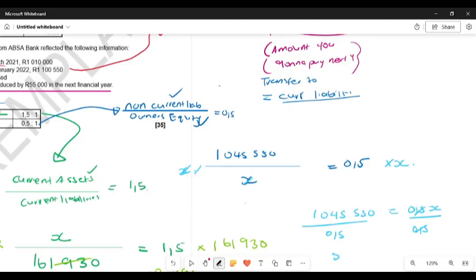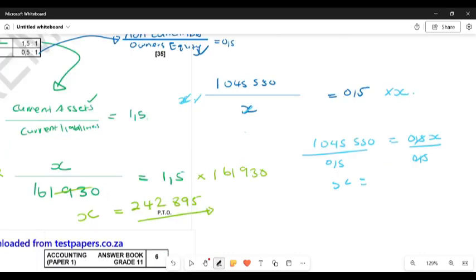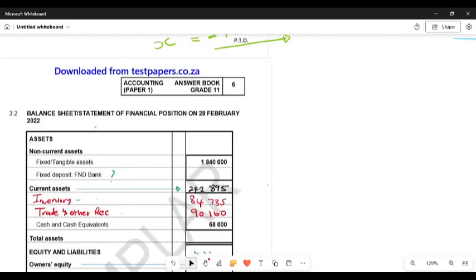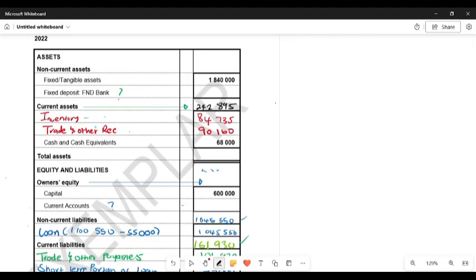So basically my x is equal to 1,045,550 divided by 0.5. And as a result, this would be equal to 2,091,100. Right? This is my owner's equity balance. So it's 2,091,100. All right.